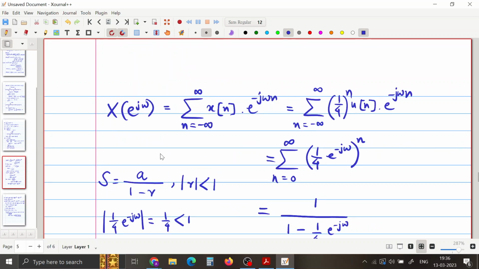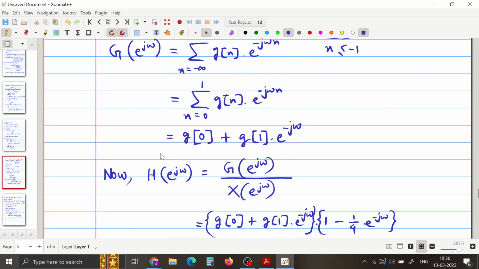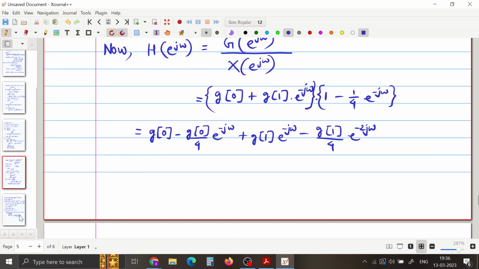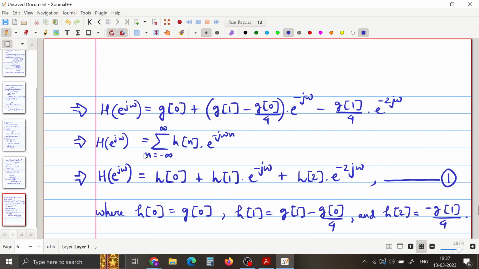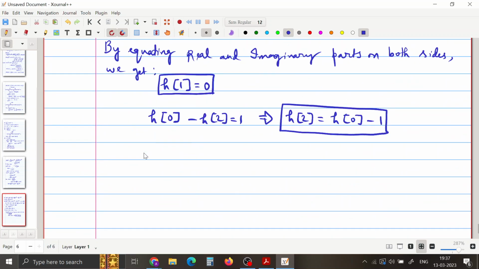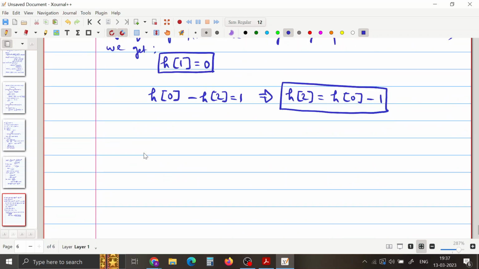You see that we have represented h of 2 and h of 0 in terms of g of 1 and g of 0. So ultimately, if we know the values of g of 0 and g of 1, then we know the values of h of 0 and h of 2. For that I am using the fact that g of n is given by the convolution of the input and the impulse response. Let's see if that helps.